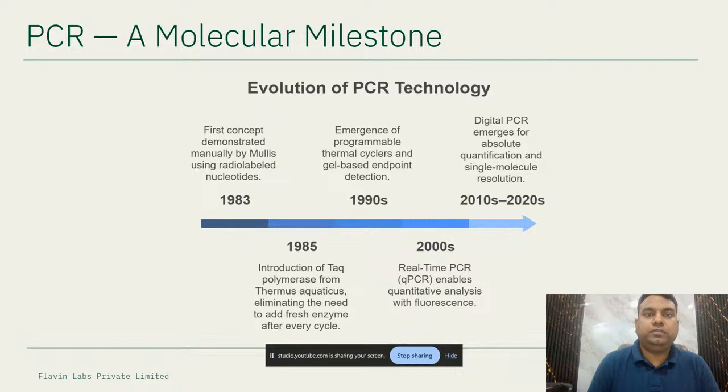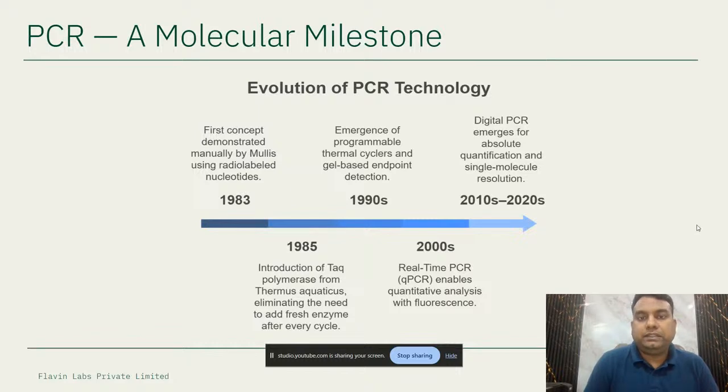We will go through a short history. In 1983, the concept of PCR was demonstrated by Kary Mullis. In 1985, Taq DNA polymerase was introduced from Thermus aquaticus, which eliminated the need of adding fresh enzyme at every cycle, because earlier we had to add polymerase in each and every cycle since it was not very temperature stable.